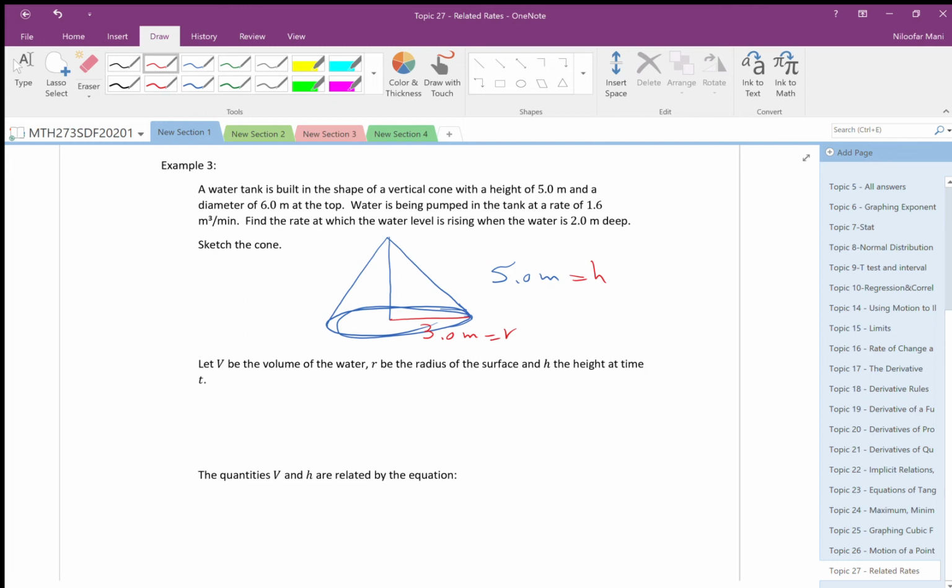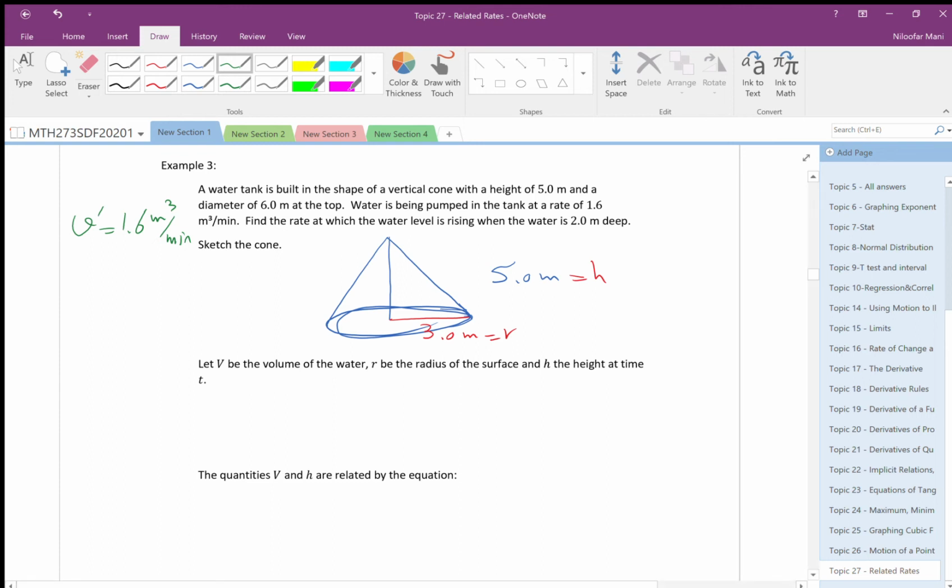Water is being pumped in the tank at a rate of this, so volume prime is 1.6 meter cubed per minute. How do I know? Because I see meter cubed, and I know that's volume. Volume is changing. Find the rate at which the water level is rising when the water is 2 meter deep.